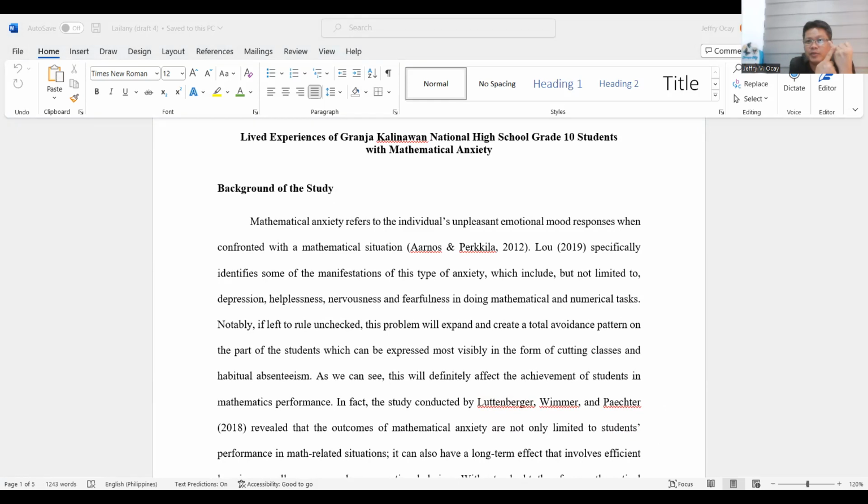That's the first point. The second is what happens if the problem of mathematical anxiety is not addressed, and then the articulation of the research gap or problem, the research goal, and the thesis statements.